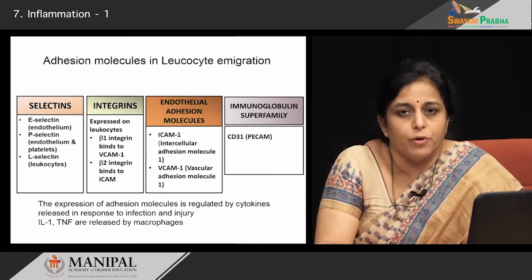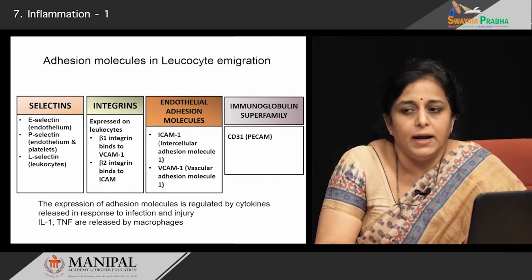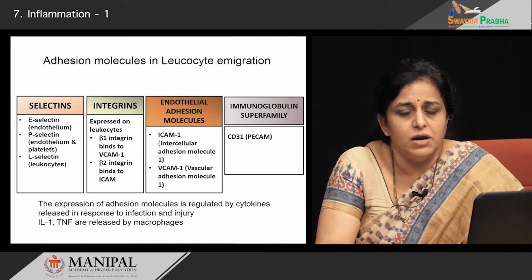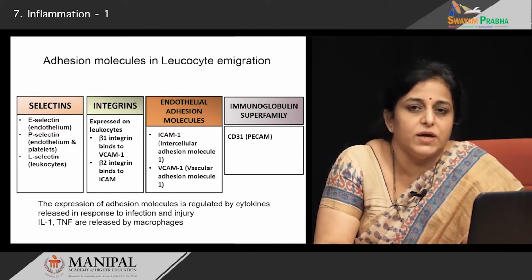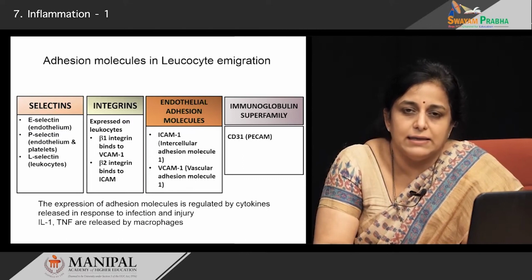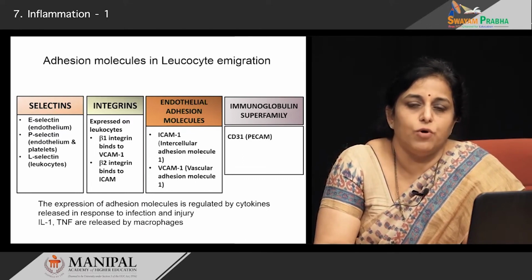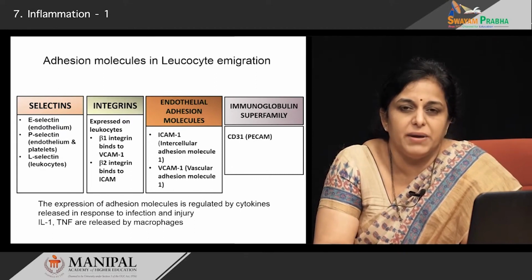Most important among them are interleukin 1 and TNF. These are released by macrophages at the site of inflammation and cause the expression of these various adhesion molecules like selectins, integrins, intercellular and vascular adhesion molecules on the endothelial cells, PCAM, etc.